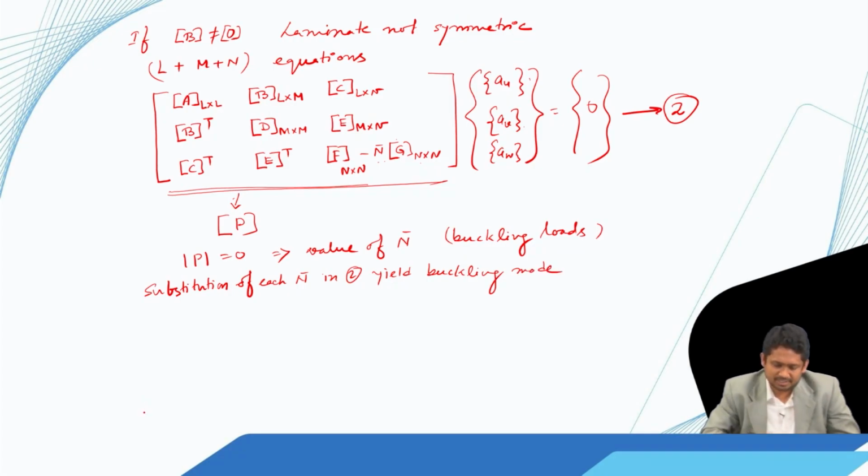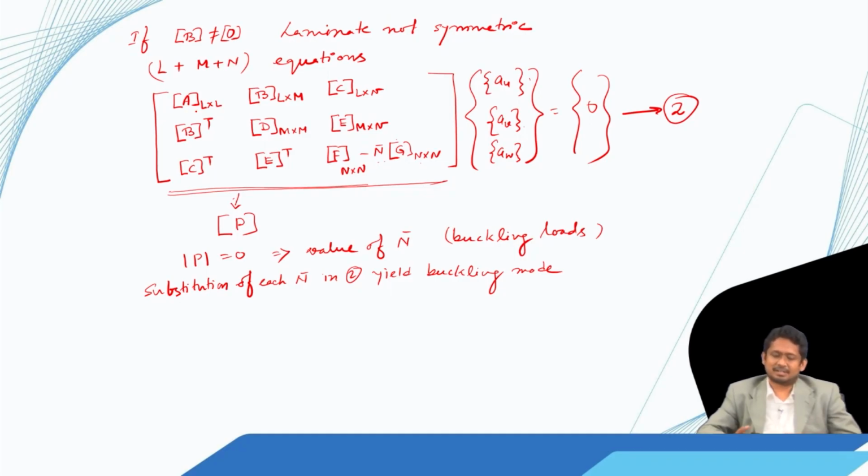Now, one thing to notice is, if our choice of basis functions, that means phi ui, phi vi, phi wi, are such that while evaluating these matrices I get the orthogonality property, that means Aii is non-zero, but Aij becomes 0 when i and j are not equal.